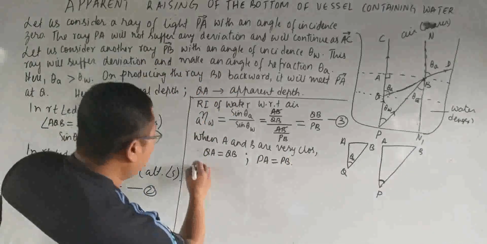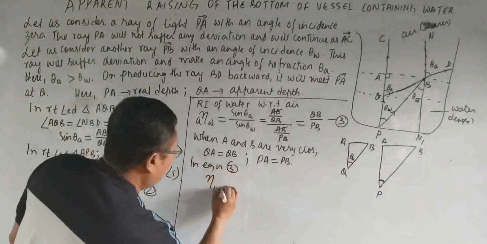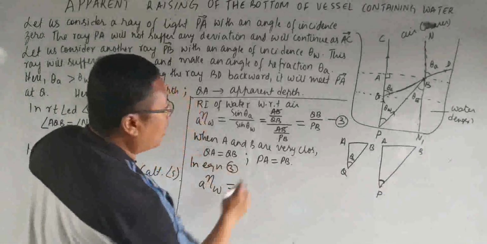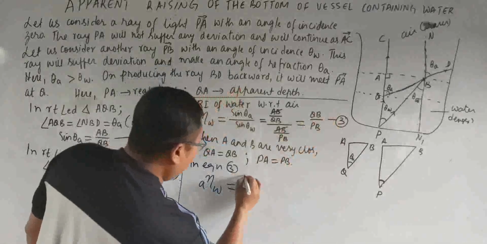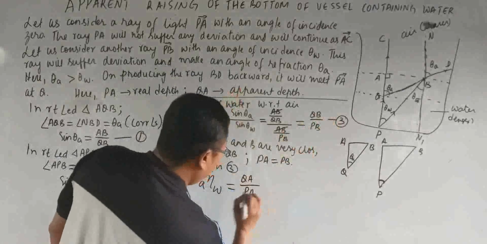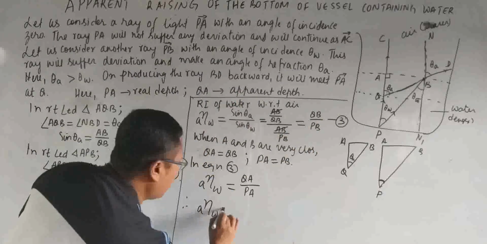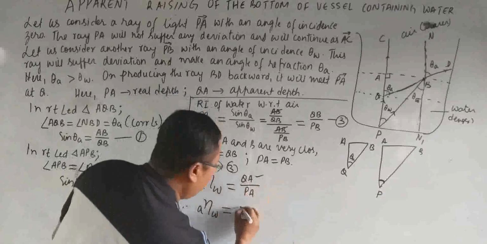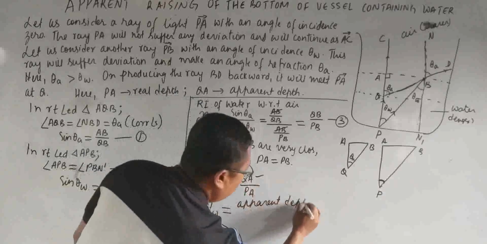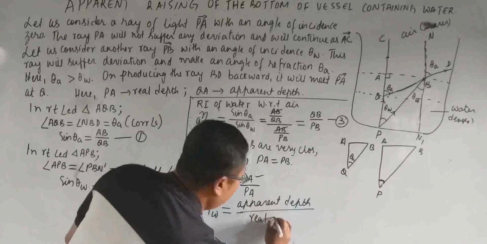So now in equation 3, instead of QB, we are going to write QA. Then instead of PB, we are going to write PA. So therefore, the refractive index of water with respect to air is given by QA by PA, so this is the apparent depth, and PA is the real depth.